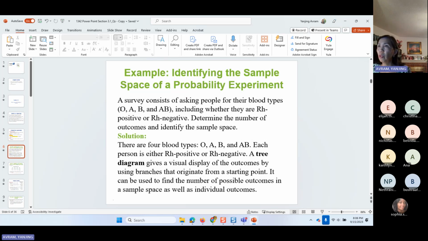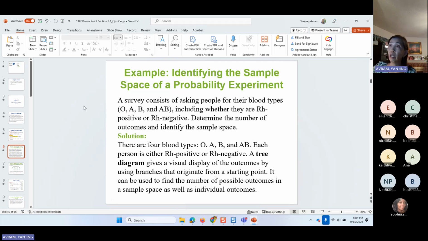If you have type O, type A, type B, type AB, there are 4 outcomes already. And then each one can also have either Rh positive or Rh negative. So you can draw the tree diagram, but when the numbers get bigger, it can be really challenging. But we are able to draw it for this one, with the tree diagram.